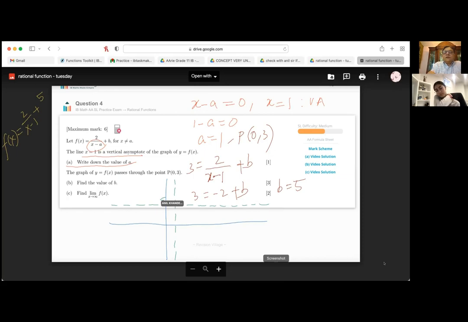That means the function is on this side. Sorry, I went slightly off. 3 will be here, right? Yes.